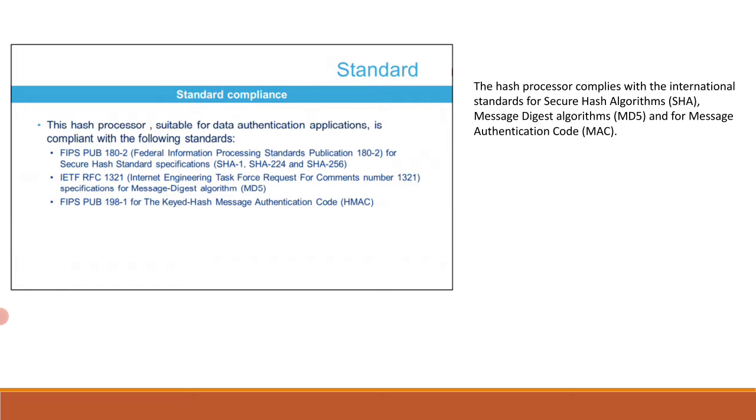Standard compliance: the hash processor complies with the international standards for secure hash algorithm SHA, message digest algorithm MD5, and message authentication code MAC. FIPS Pub 180-2, that is Federal Information Processing Standard Publication 180-2, and Secure Hash Standard specifications SHA1, SHA224 and SHA256.